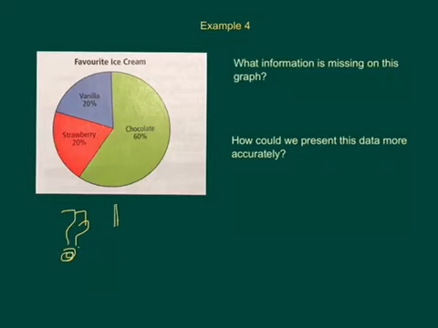We don't know how many people were asked. If they only asked 5 people, that's not really a big indication of how many kids like chocolate ice cream over vanilla or strawberry. That's not many at all out of 5. If we knew the exact numbers for each one, we would have a much better representation of this graph. But it's misleading because it says 60%.